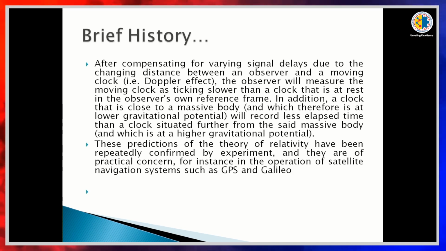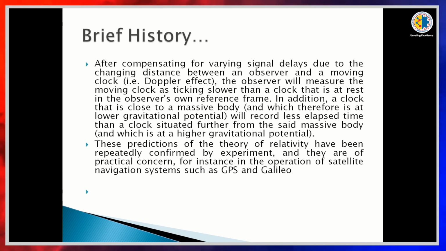In addition, a clock that is close to a massive body, and which therefore is at lower gravitational potential, will record less elapsed time than a clock situated further from the massive body, at a higher gravitational potential. So these are some explanations about the history of time dilation.